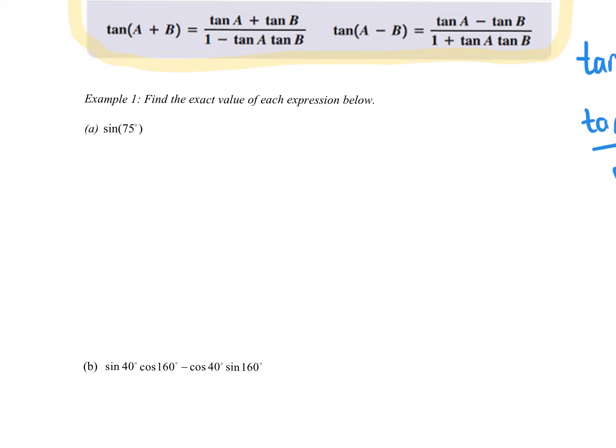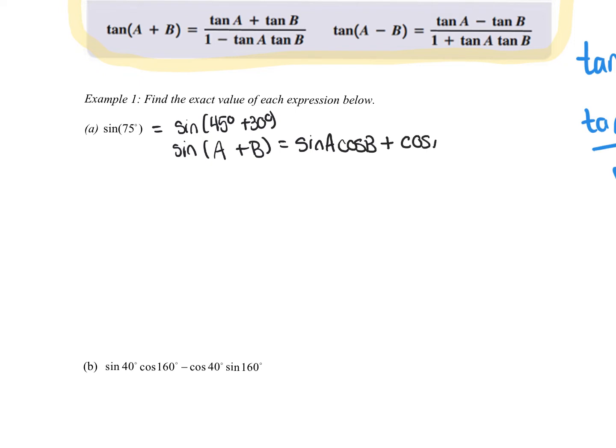So for this first formula, I can rewrite this as sine of 45 plus 30 degrees. That is the same thing as sine of A plus B. That formula equals sine A cosine B plus cosine A sine B. So in our case, my A is 45 and my B is 30.